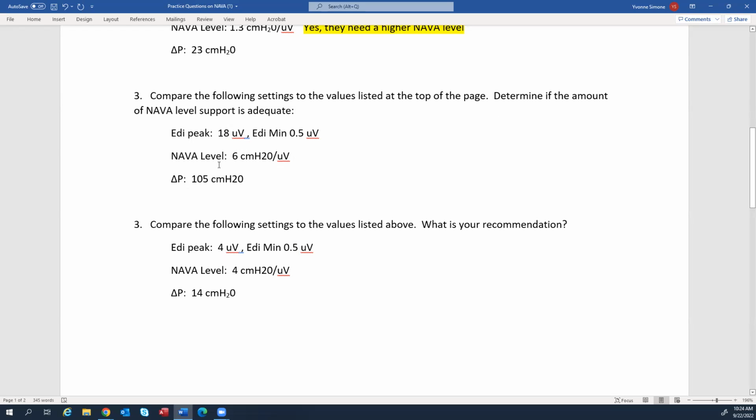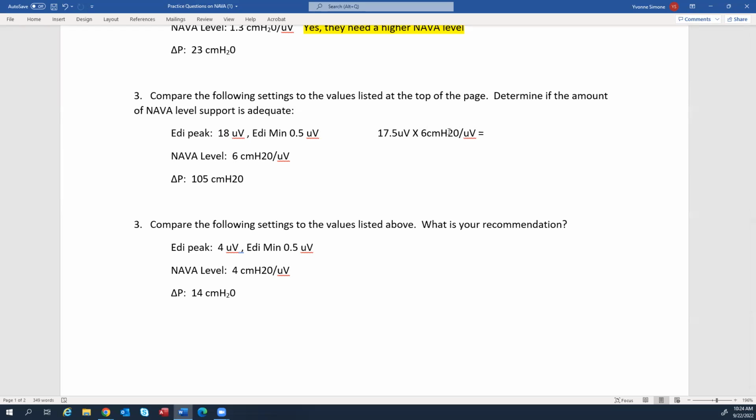So here we've got an EDI peak of 17.5 times 6. And what does that come out to be? It says 105.